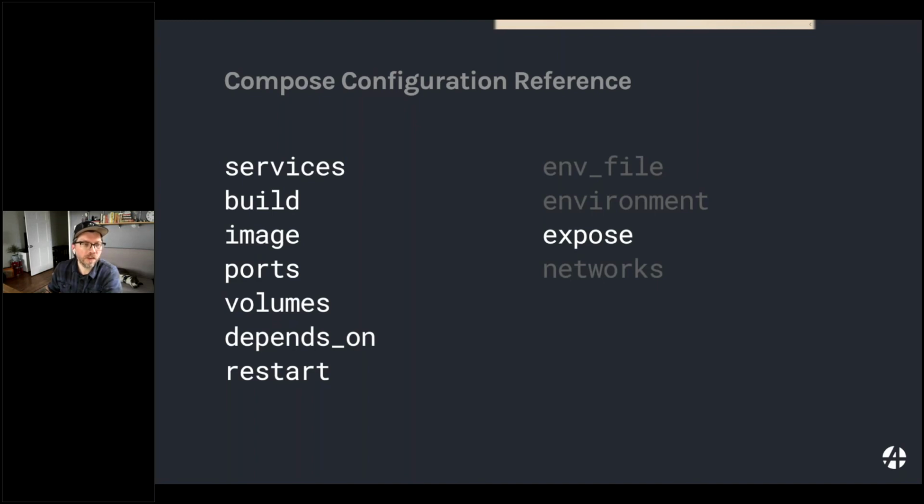For our purposes of Apostrophe, we are going to want to mount some volumes so that we can share some data between our host machine and the container itself. We went over depends on. Restart is the strategy that Docker will use if there's an issue with the container. And lastly, expose is what exposes the ports to the host machine.